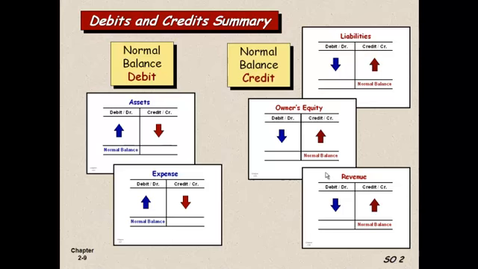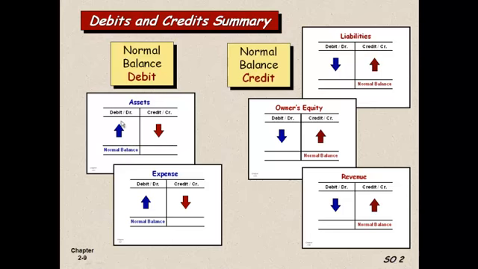Very important here, debit and credit summary. The normal balance is a debit for assets and expenses. The normal balance is a credit for liabilities, equity, and revenue. And it's definitely worth looking at this, and feel free to hit pause on this. Assets, their normal balance is a debit.